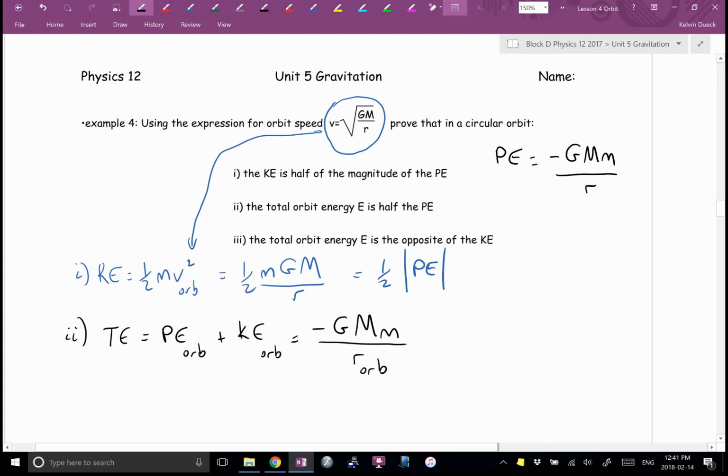What about kinetic energy? Now, Mitra is correct. Kinetic energy is always a half mv squared. But didn't we just derive a nicer expression for cosmic kinetic energy when you're in orbit? It's going to be plus a half big G, big M, little m over R orbit.